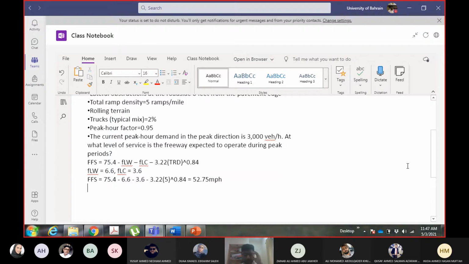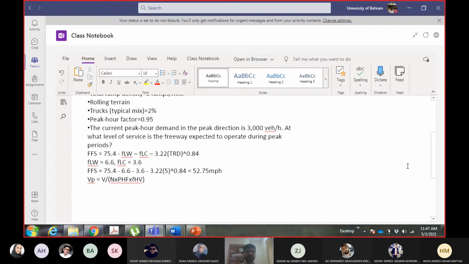The next thing is to find out the flow rate. Flow rate is calculated using this equation. The number of lanes is given, peak hour factor is given. I need to calculate the heavy vehicle adjustment factor.